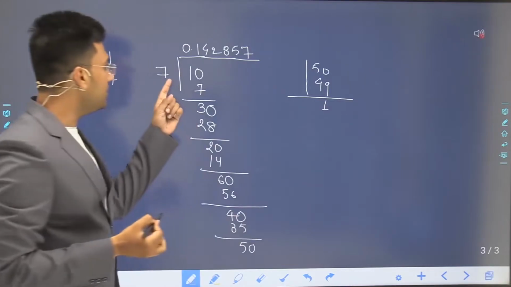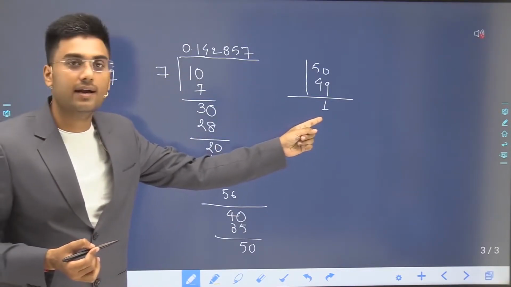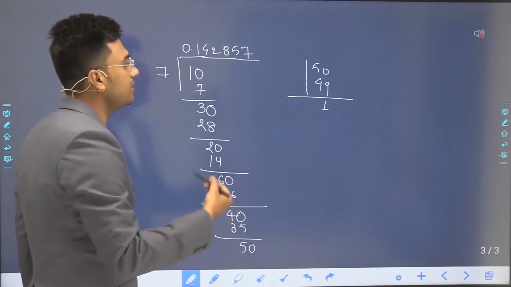Now we start our division by 1 and we reach at the 1 again. So if we continue the division, then we repeat the numbers.